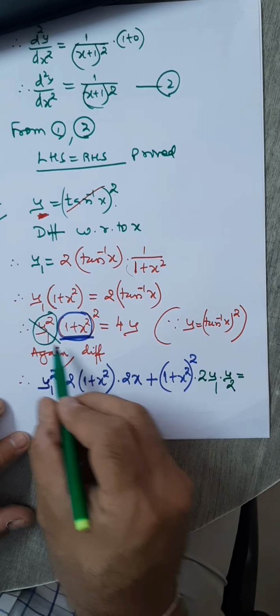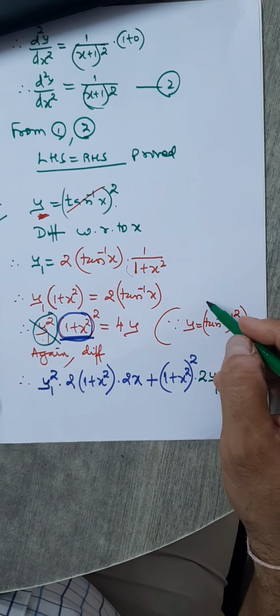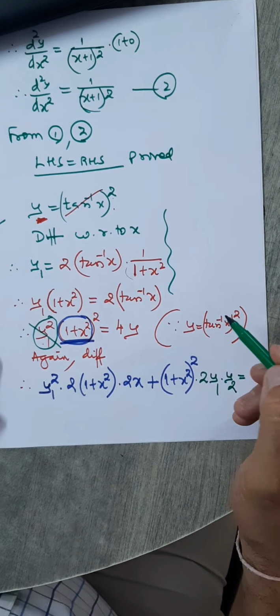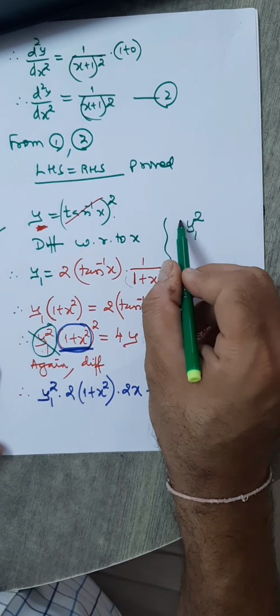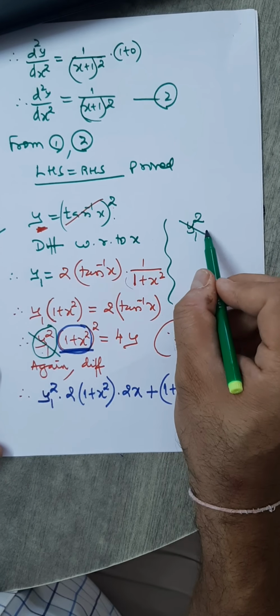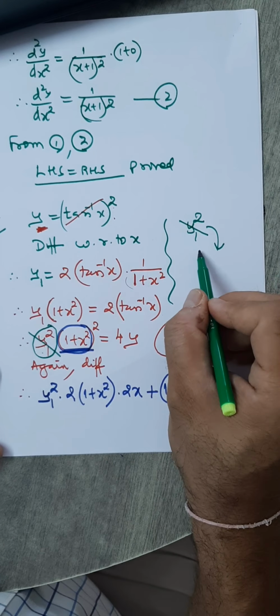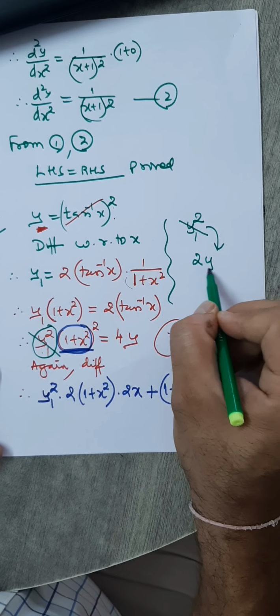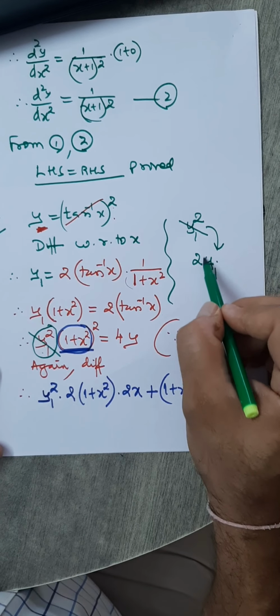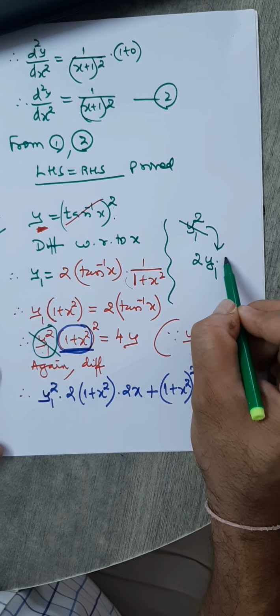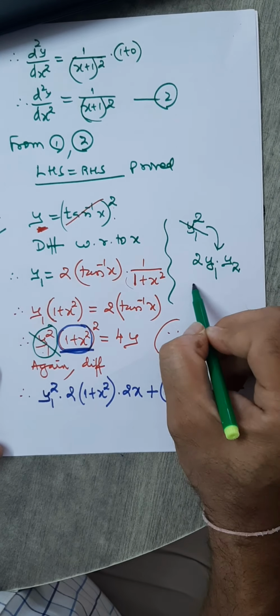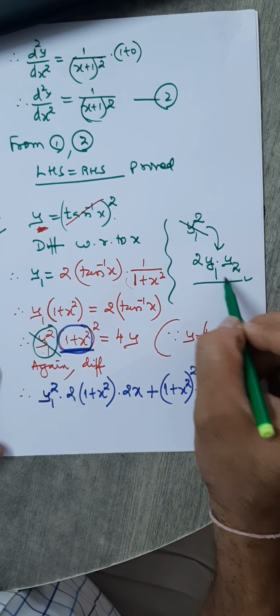I explained this here separately. What I'm trying to tell you is, for differentiation of y1 square, we imagine this as x. So this looks like x square. So 2x, that is 2y1, into differentiation of y1, that is derivative of y1 with respect to x, which is y2, that is d square y by dx square.